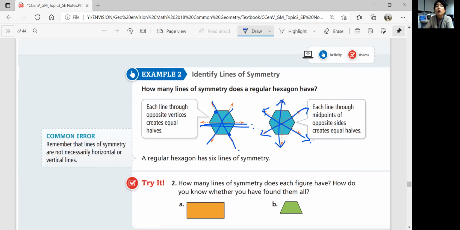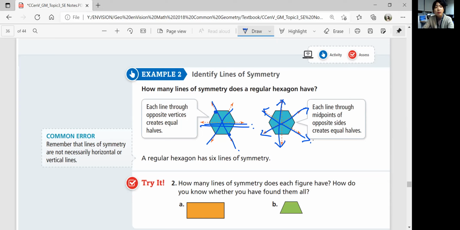You can also think about lines that go through different sides and cut them into exactly half, okay? Also remember that lines of symmetry are not necessarily horizontal or vertical lines. They could have slopes. Let's look at these try questions.